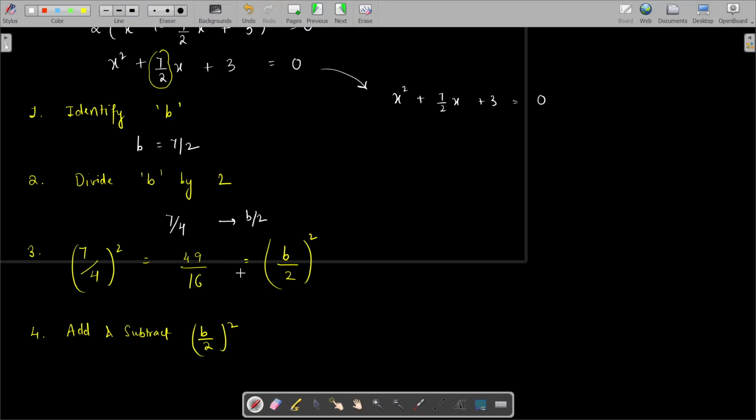You have to add this value, 49 over 16, after the second term. So x squared plus 7 over 2 x plus 49 over 16, and subtract 49 over 16, plus 3 equals 0.